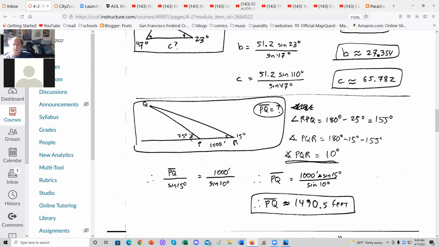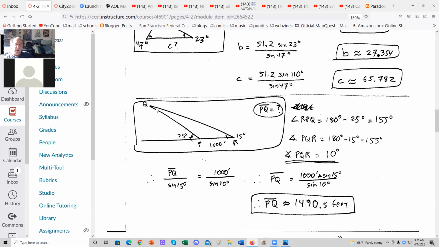For this one, PQR, we take 180 minus 155 minus 15, which comes out to 10 degrees. In practice, we could get that this is equal to 25 degrees minus 15 degrees. It's the same kind of thing. So we have 155 degrees here, RPQ, 10 degrees here, PQR. This side here, RP, is 1,000. We want to know PQ.